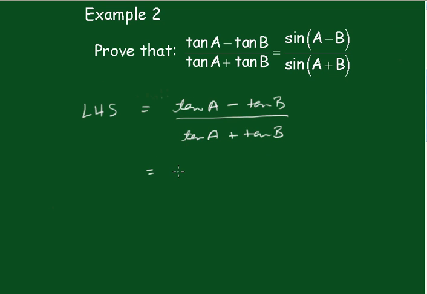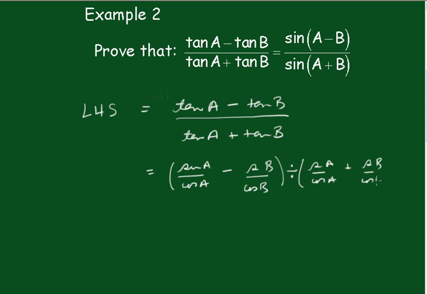So it becomes sine of A over the cos of A minus the sine of B over the cos of B, divided by sine of A over the cos of A plus the sine of B over the cos of B.